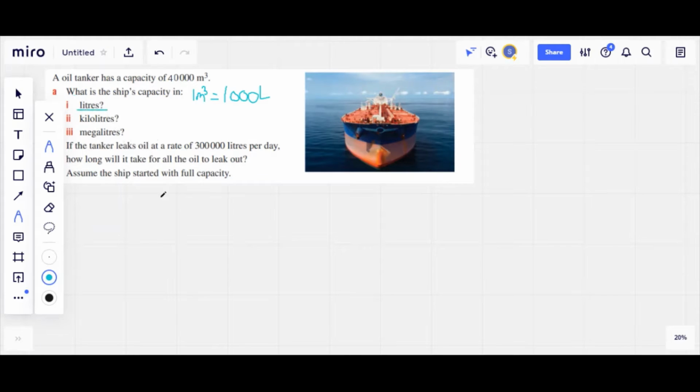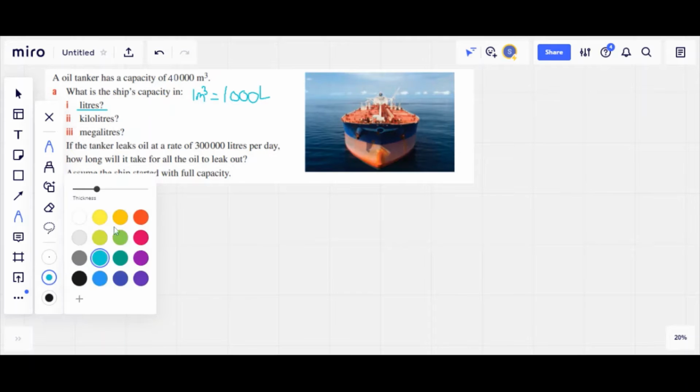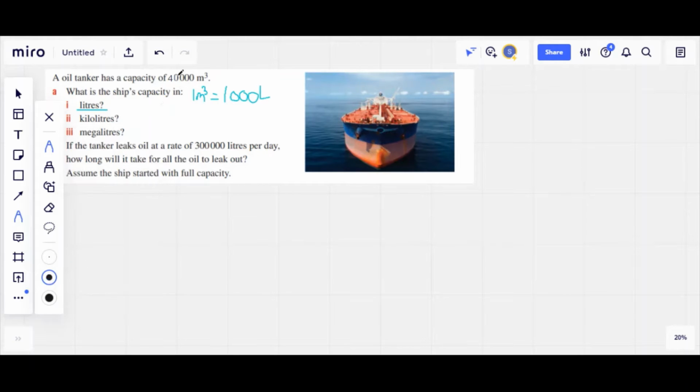Start off with liters. So I've written here our little formula, our conversion from meters cubed to liters. So if 1 meter cubed is 1,000 liters, we actually need to rewrite this here. To convert, we'd go 40,000 multiplied by 1,000, which is equal to C for capacity.